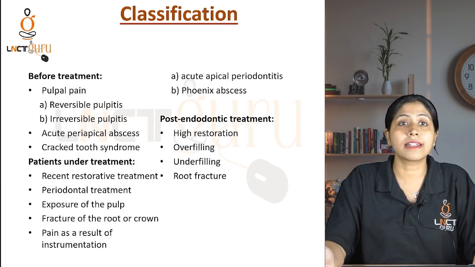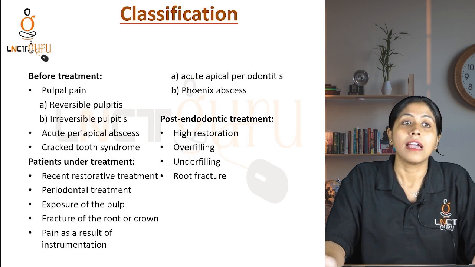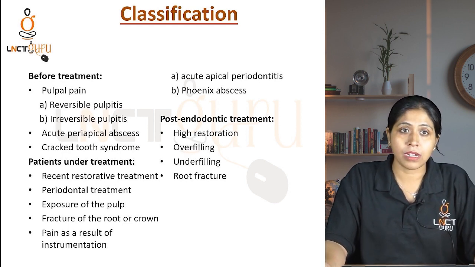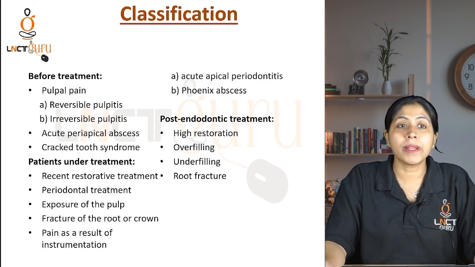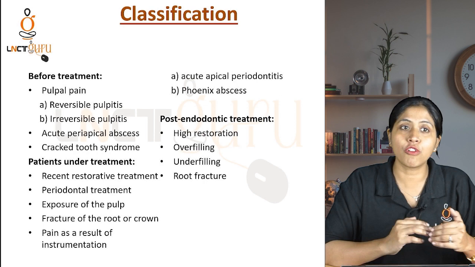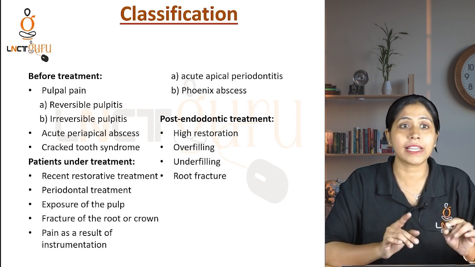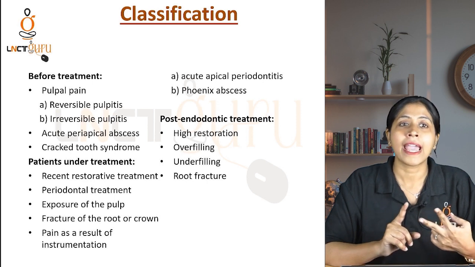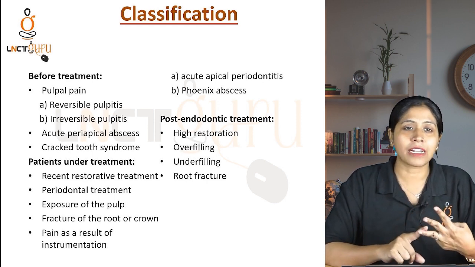Then next is the classification of any emergency. It can be before treatment, under treatment, or post treatment. Before treatment, obviously most patients fall in this situation, where they come as an emergency. It can be pulpal because of irreversible pulpitis, acute periapical abscess, cracked tooth syndrome.